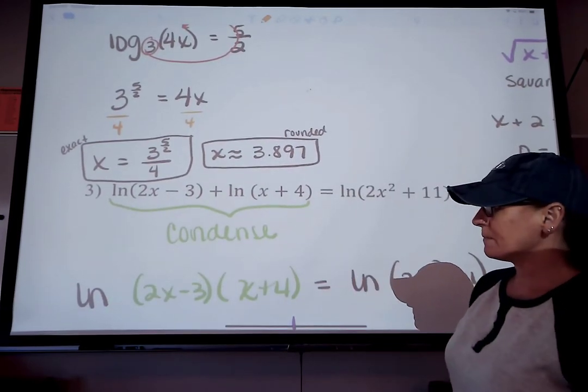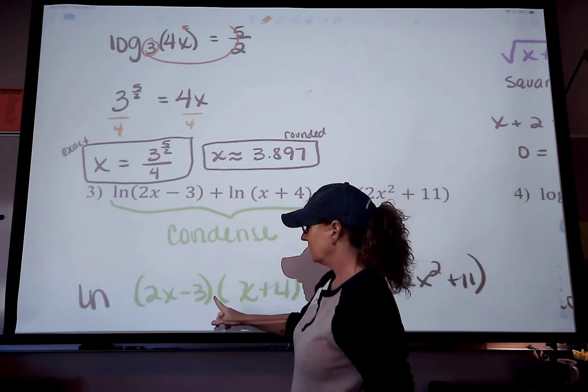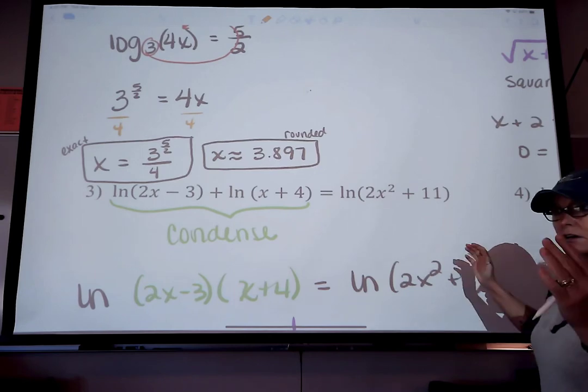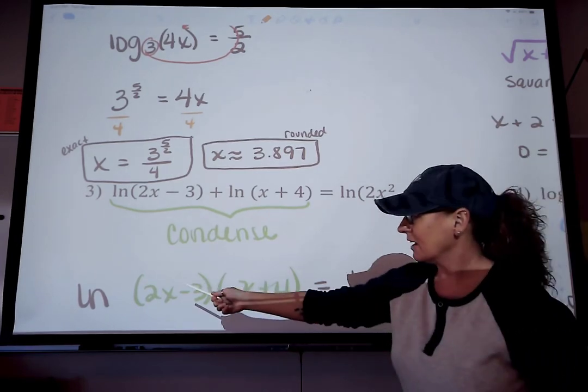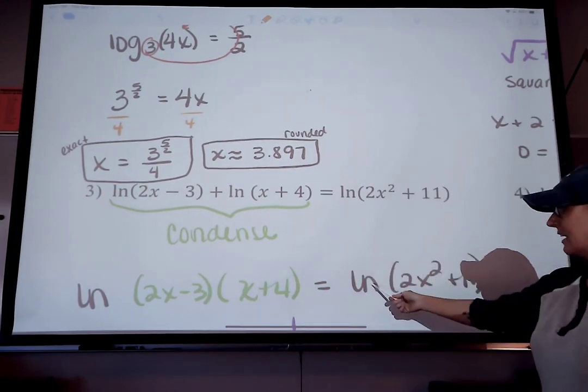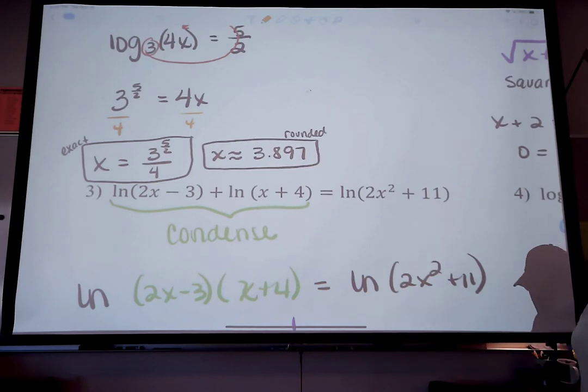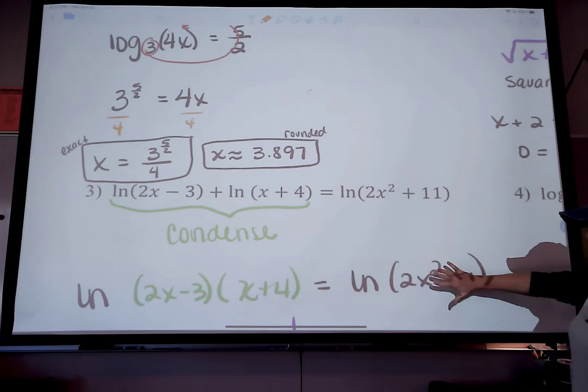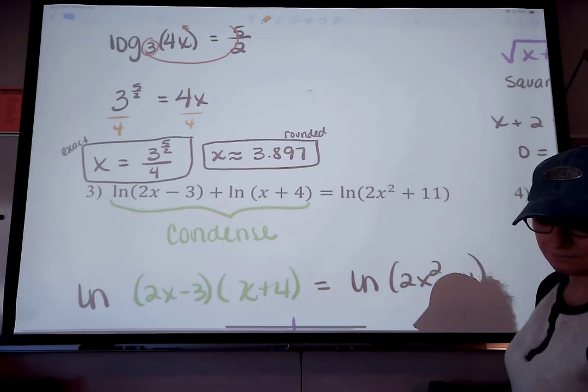I condensed using multiplication. And then from here, watch, I got ln of this green stuff, and I got ln of this stuff. Common sense will tell you this green stuff has to equal this set of parentheses.